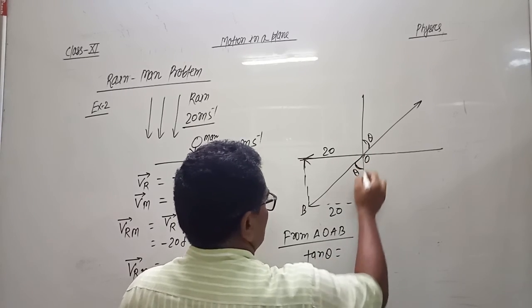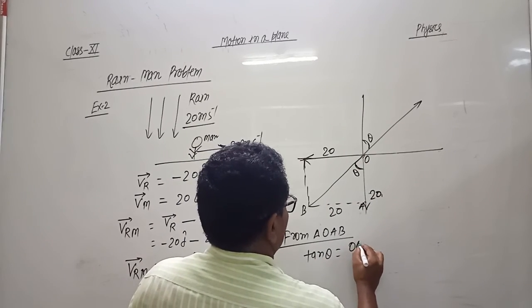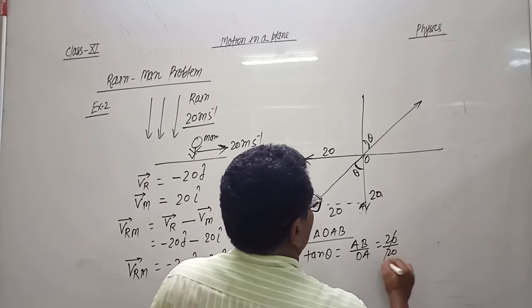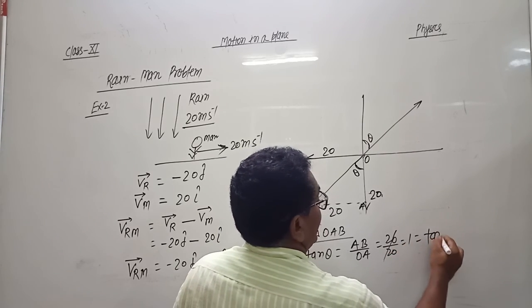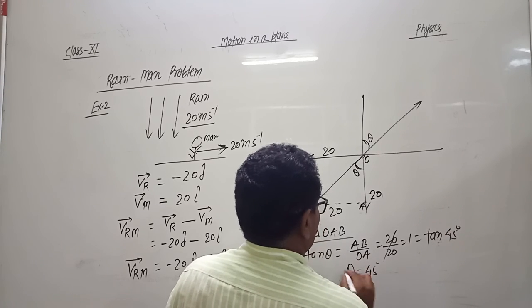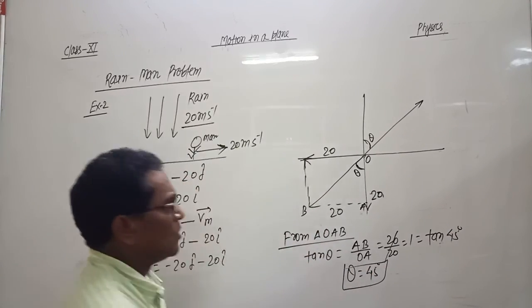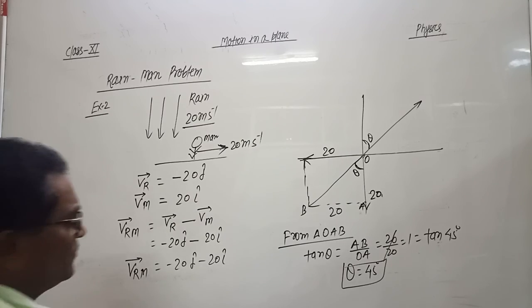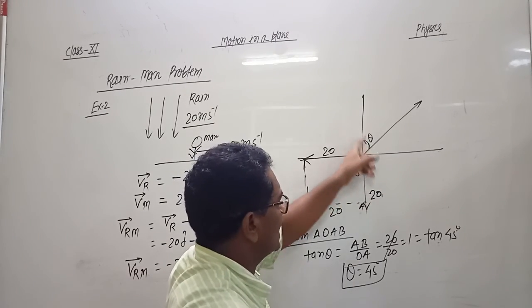Tan theta equals perpendicular upon base, where the perpendicular is AB and the base is OA. So 20 by 20 comes to 1, and 1 is written as tan 45 degrees. So theta is 45 degrees. The umbrella must be inclined at an angle of 45 degrees with the vertical.